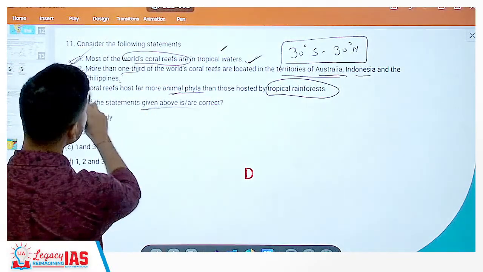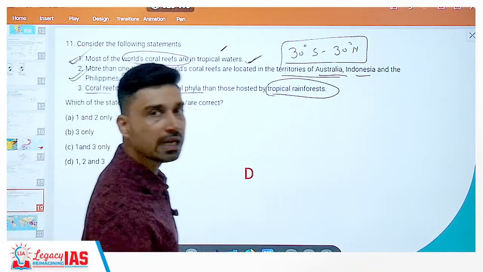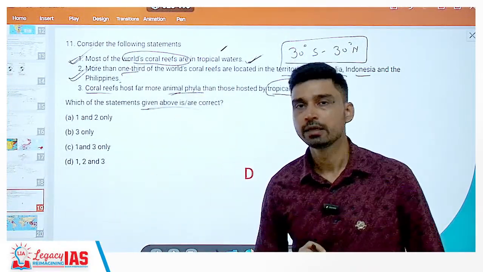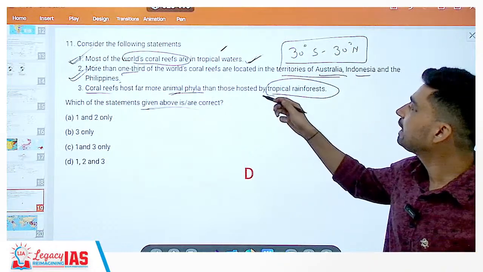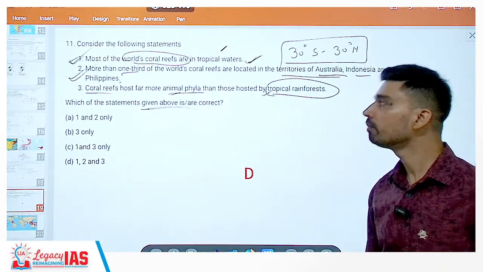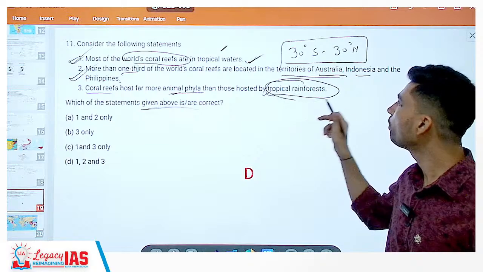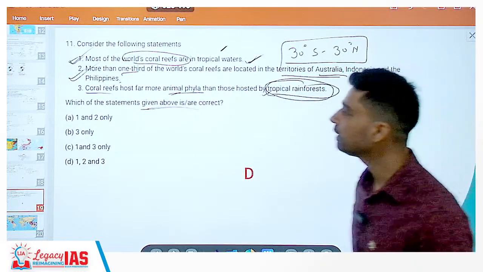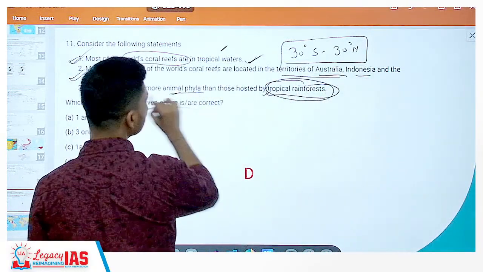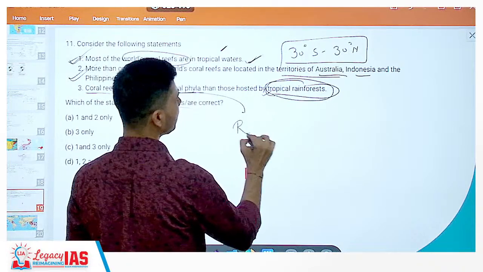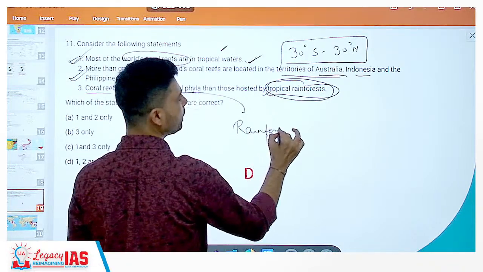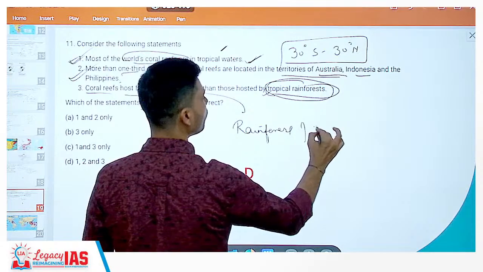And third, coral reefs are known for their magnificent biodiversity, and they indeed host a higher number of animal phyla as compared to the tropical rainforest. It is due to this reason that coral reefs are many times referred to as the rainforest of the ocean.